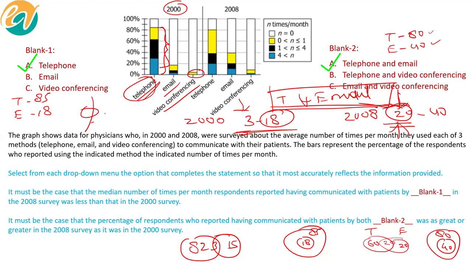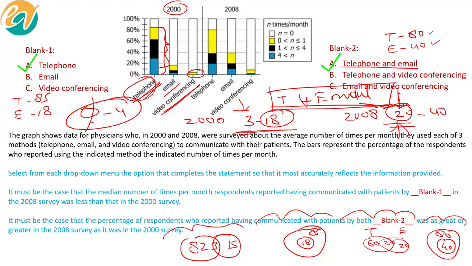In that case, anywhere between 0 to 4% use telephone and video conferencing both, right? So these are the various combinations that we have depicted using these Venn diagrams. So telephone and email is a combination that is definitely more in 2008 than in 2000.